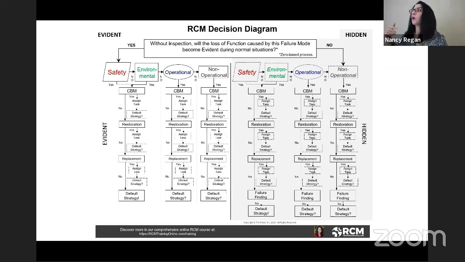Now, one of the questions was, how do you, like we talk about risk priority numbers or doing a detailed criticality analysis. You can do that. In my experience, you don't need to do that on most failure modes, because just like this one with our filter, it's a no-brainer, right?